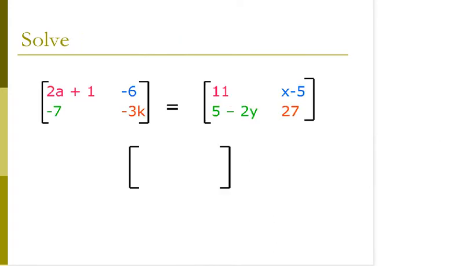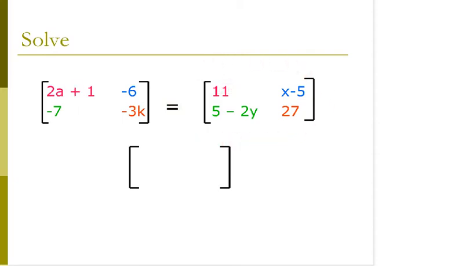Here's an application of what we just learned about solving equations. This doesn't look like equations, but it actually is. These are matrices. So in order for one matrix, so this is a matrix here, to be equal or equivalent to another matrix, each row and column have to be equivalent.